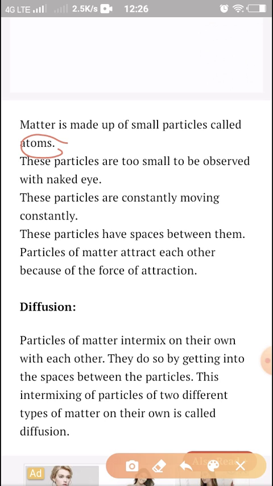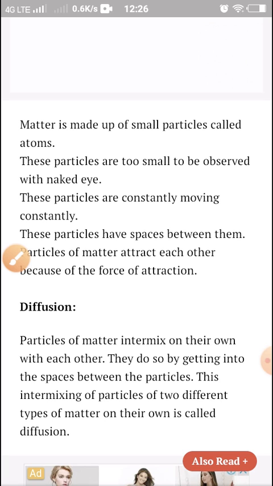So atoms are the smallest particles, right? We can't observe them with the naked eye. These are only visible through an electron microscope or microscope. Very microscopic, right?